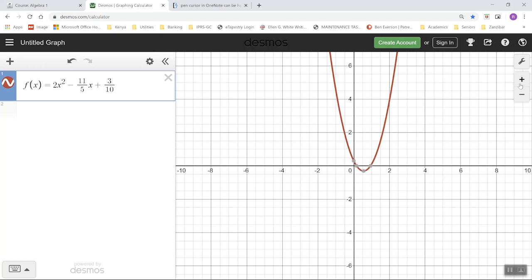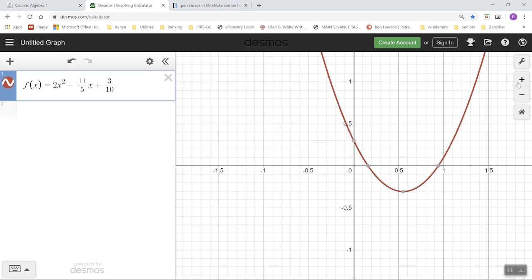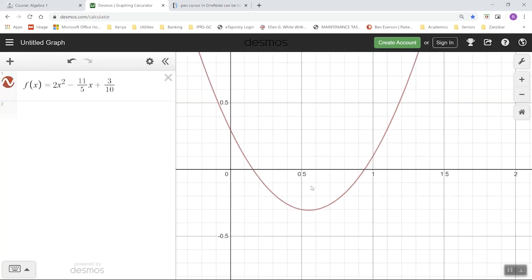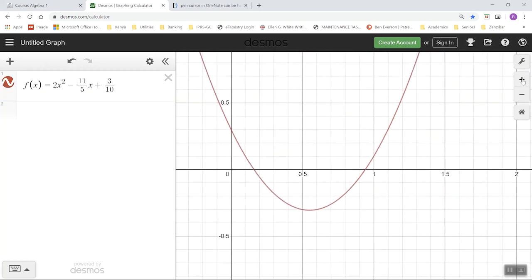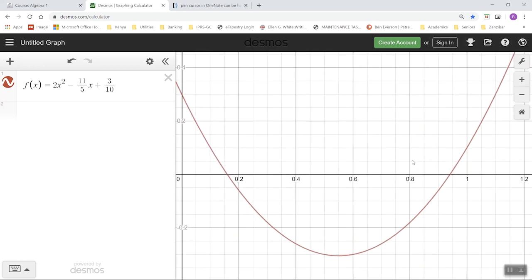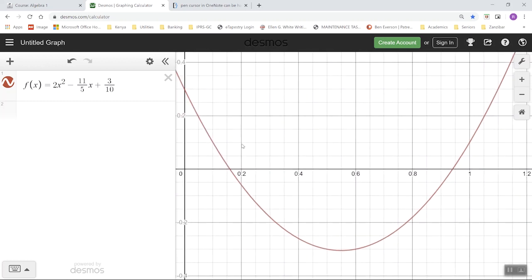So if we come over here and we zoom in, you can begin to see where those roots are. Let's look here. Okay, the one is right here. See if we can identify this guy. Negative 0.1595, comma 0.